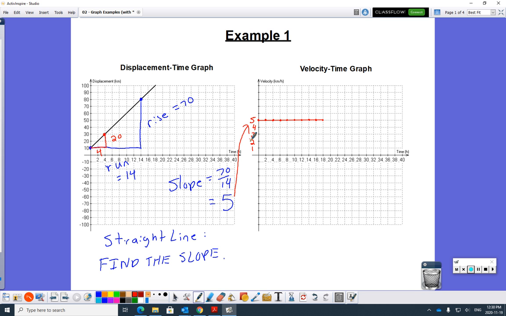Yeah, so here's my steps. If this is like, oh, I don't really get velocity physics, it's not my thing. Okay, here's the steps. The steps are: straight line, find the slope, and on your velocity time graph, draw a horizontal line at the value of the slope you found.